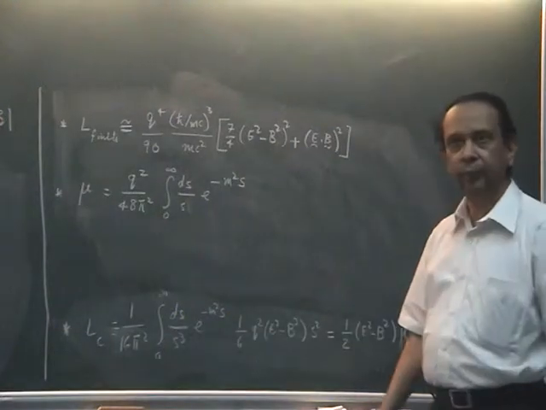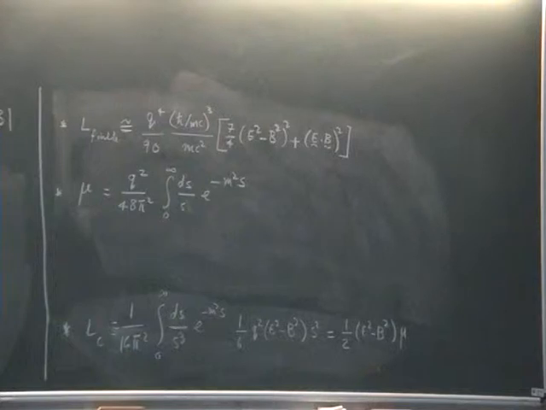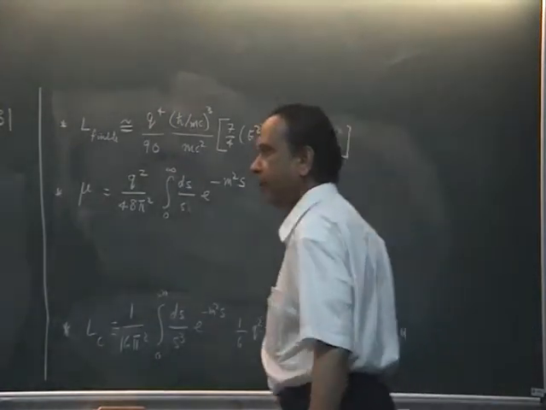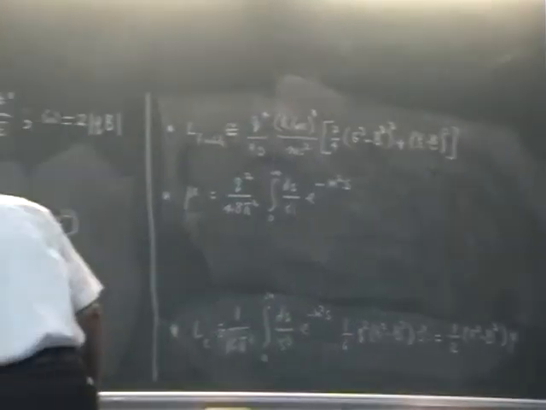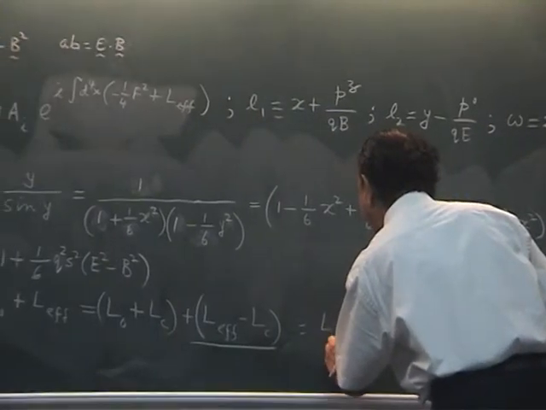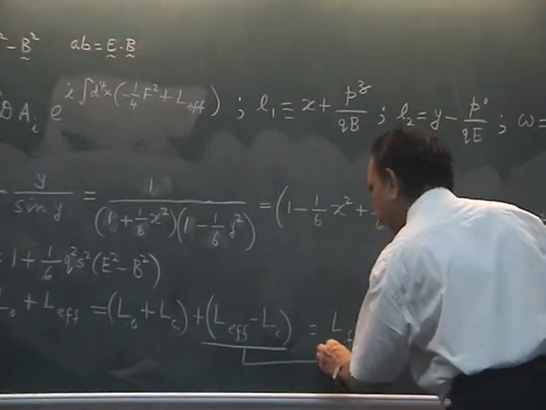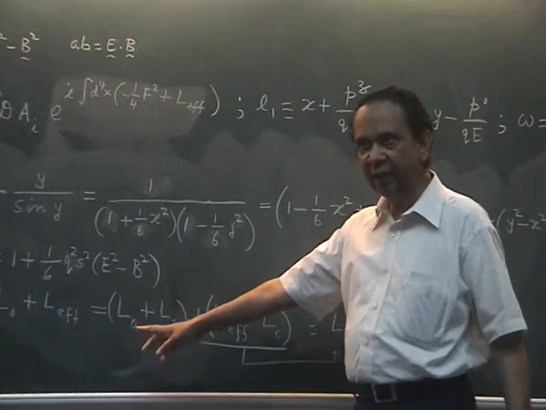Let me again make sure the factors are all right. Yeah, so this is what we have. So what happens is that when I take this LC and I add to this L0, so there is a L finite, which is this quantity, plus L0, which is half E square minus B square.